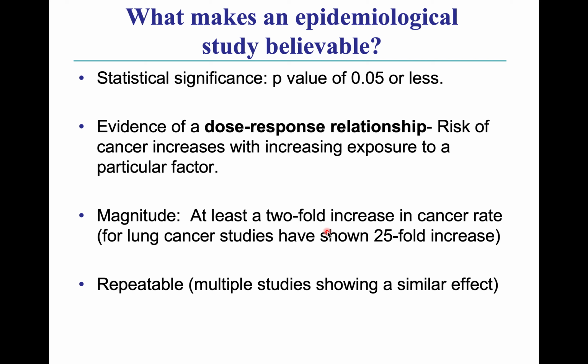And then lastly, you definitely want it to be repeatable. So you'd want to see multiple epidemiological studies showing the same effect. And this, I think, tends to be one problem with epidemiology, at least in the public eye or in the news cycle: you'll have an individual study come out suggesting there's some link between, let's say, this environmental factor and a particular type of cancer. The media latches on to that one study, spreads that message broadly.